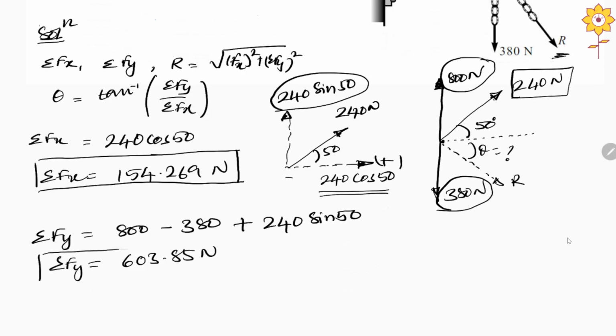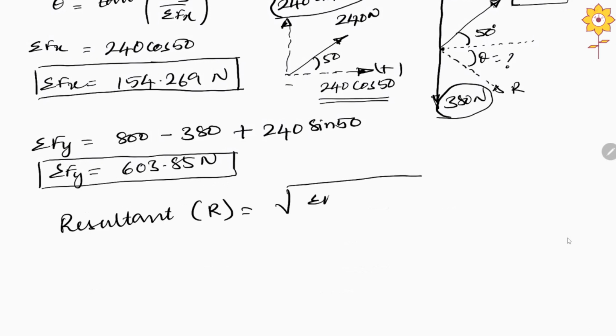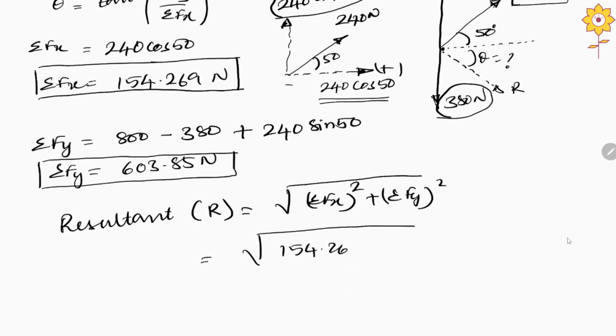Now to find the resultant, we know the formula: resultant R equal to root of summation of Fx square plus summation of Fy square. So finally we have root of 154.269 square plus 603.85 square.